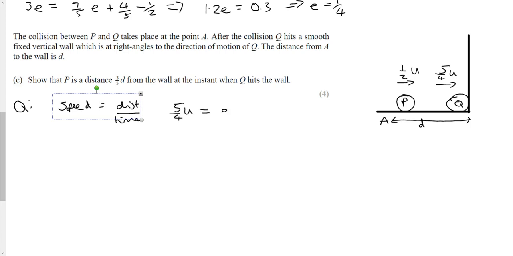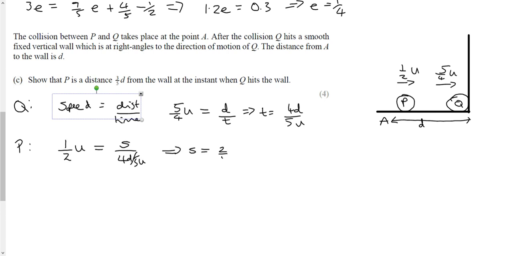The distance it travels is d, and I'm trying to find the time. So I can get that time is 4d/5u. Now, what I want to know is how far P has travelled in that time. So if P's speed was a half u, we call the distance we want s. Time is 4d/5u. So therefore, you can rearrange that and find that s is 2/5 d.